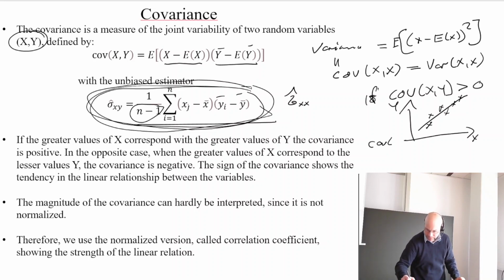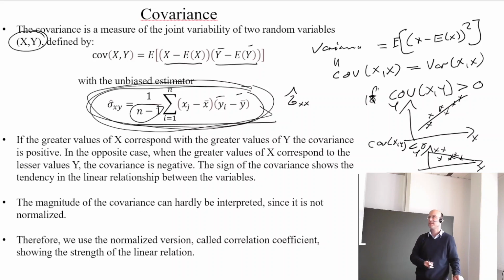And if you have covariance xy smaller than 0, then of course your data set maybe looked like this, and intuitively you would fit a decreasing line through your data set.